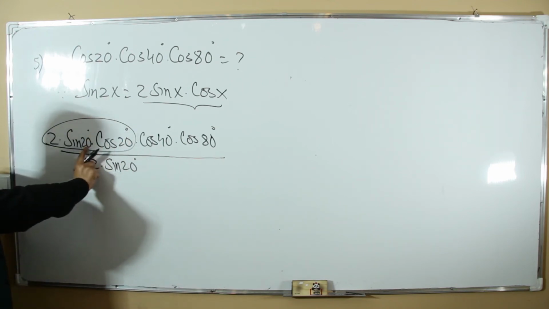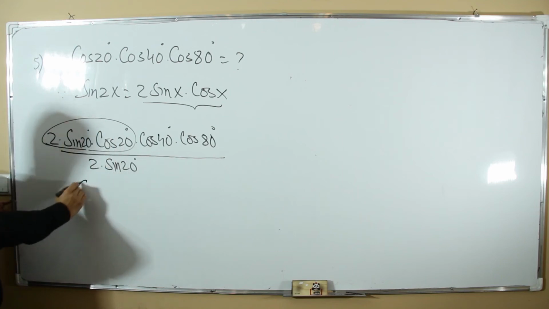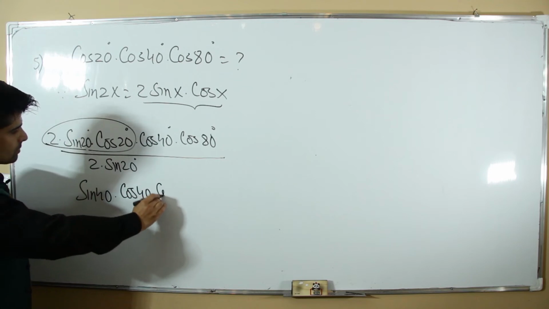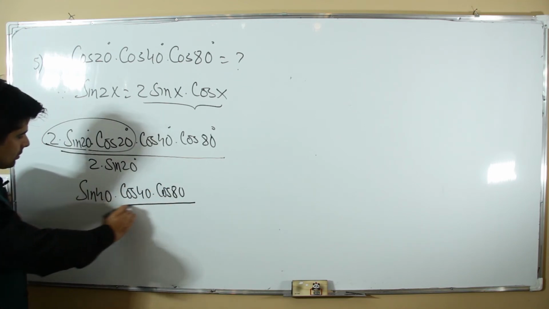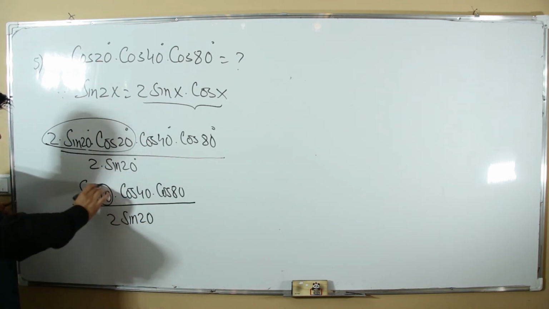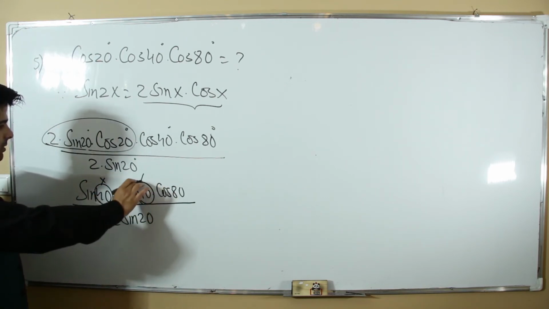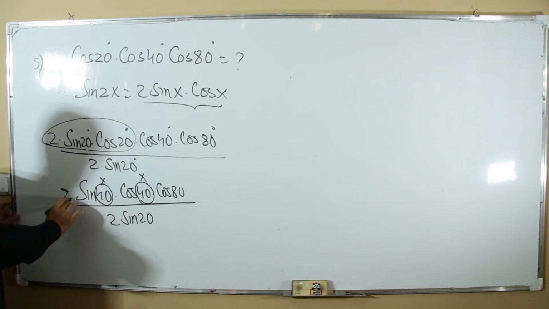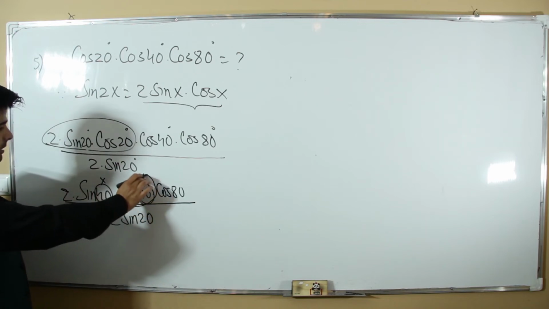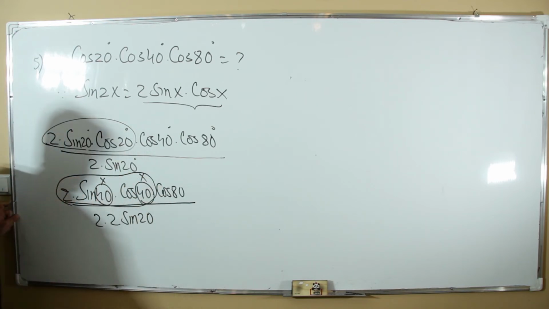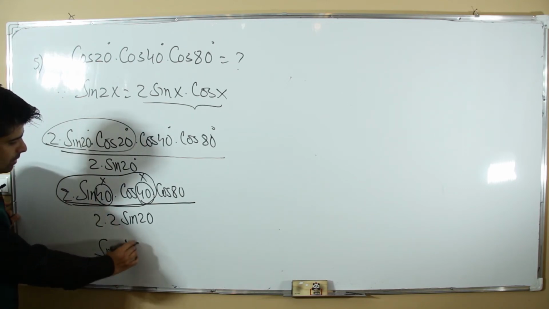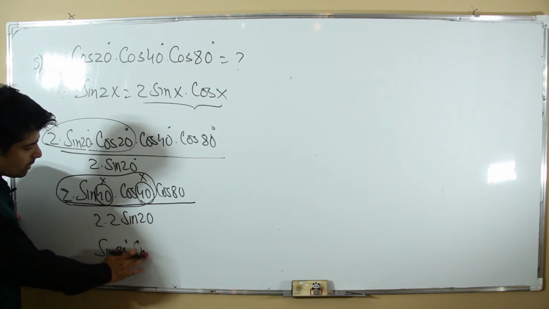If this one is x, it would be sine 40 times cosine 40 times cosine 80 divided by 2 sine 20. Am I right? Yes. If I name this one x and this one x, can I put 1 by 2 more here and 1 by 2 more here? Yes, we can do it. So this one is sine 2x, I mean sine 2 times 40, which is 80 degree, times cosine 80 degree.